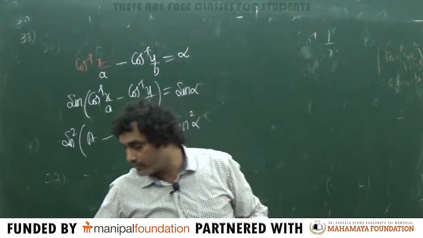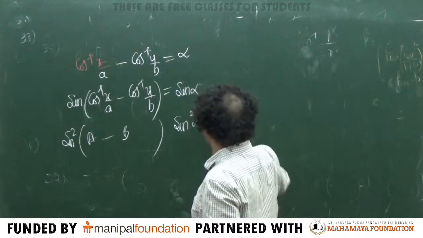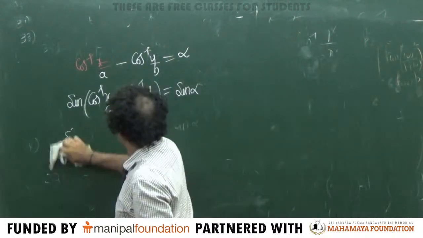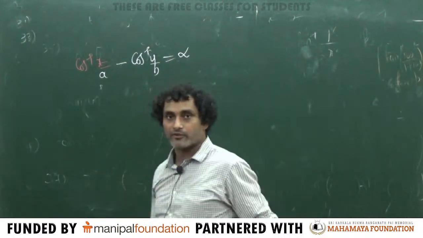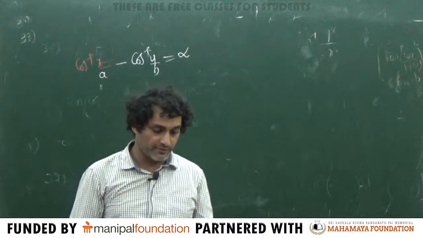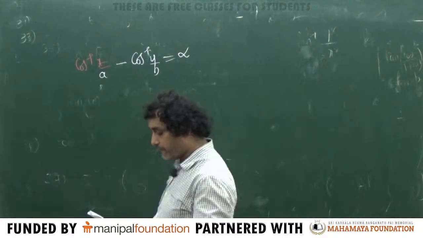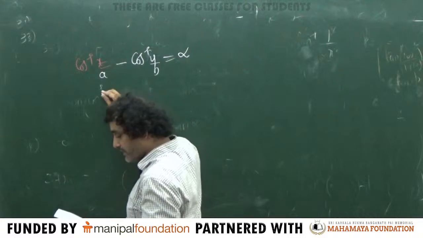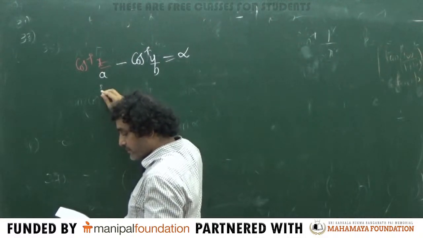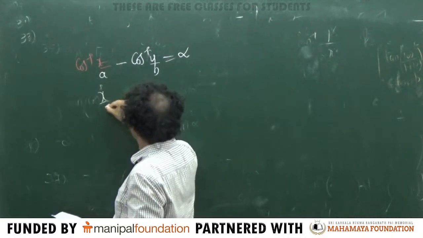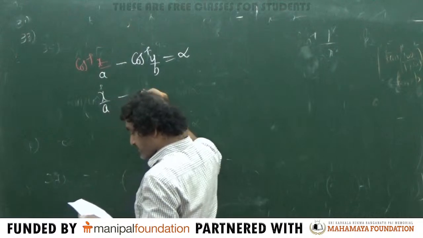So the thing is, I have a few steps which I am going to skip, which I want you to find out. That's a small work which I'll give you. When you take sine alpha, you will simply get x by a minus y by b.